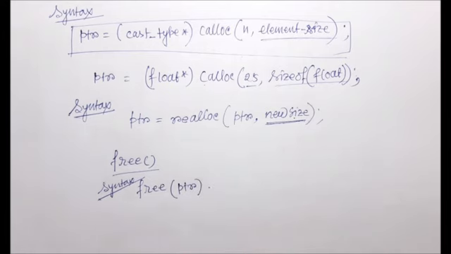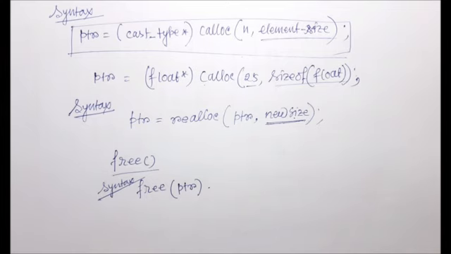It means that the free method is used to dynamically deallocate the memory. Memory allocated using the function malloc, or it may be calloc, is not deallocated on its own. Hence, the free method is used whenever dynamic memory allocation takes place.